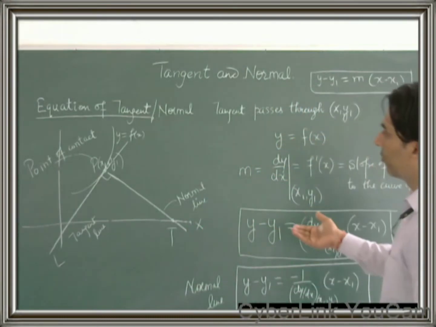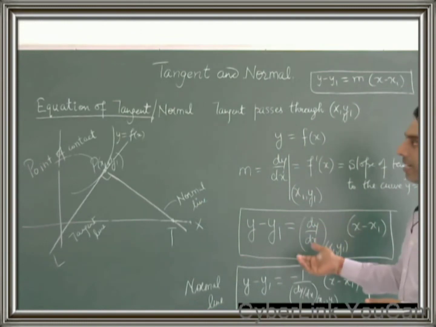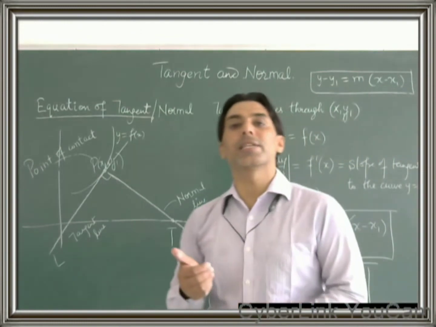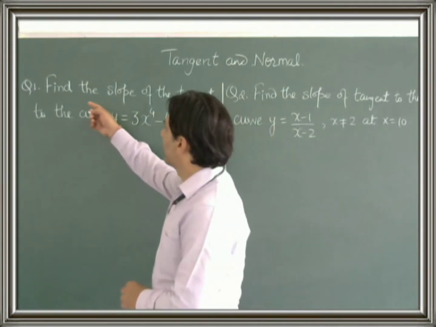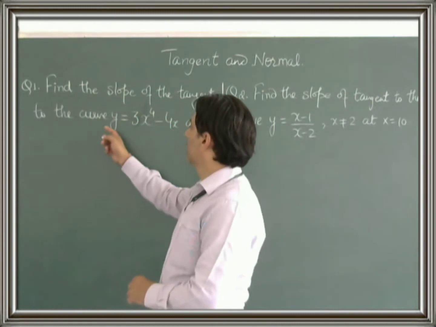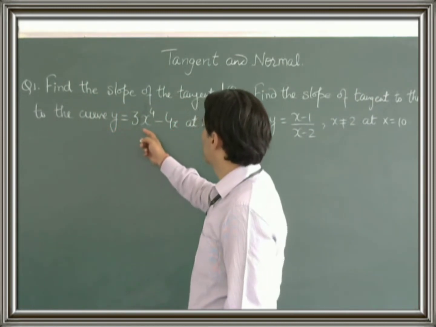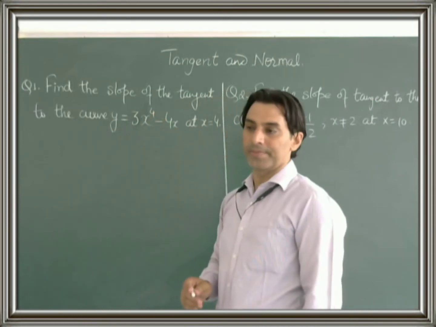Now we will switch over to a few of the important examples that are asked in the examination as well as in a few competitive exams. Now we have example 1. Find the slope of the tangent to the curve y is equal to 3x power 4 minus 4x at x is equal to 4.